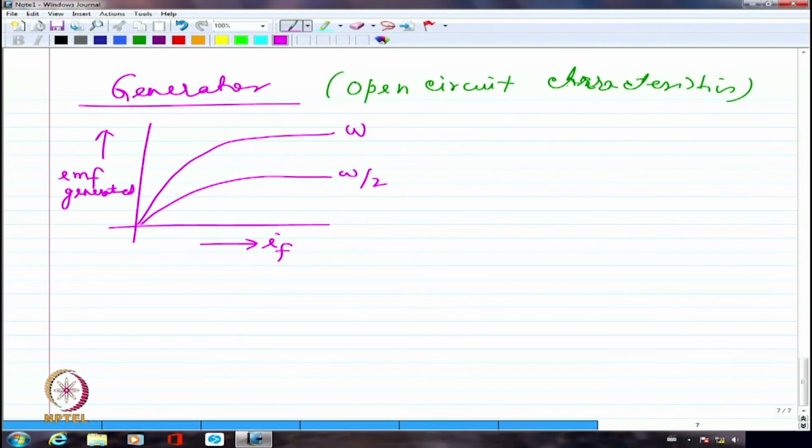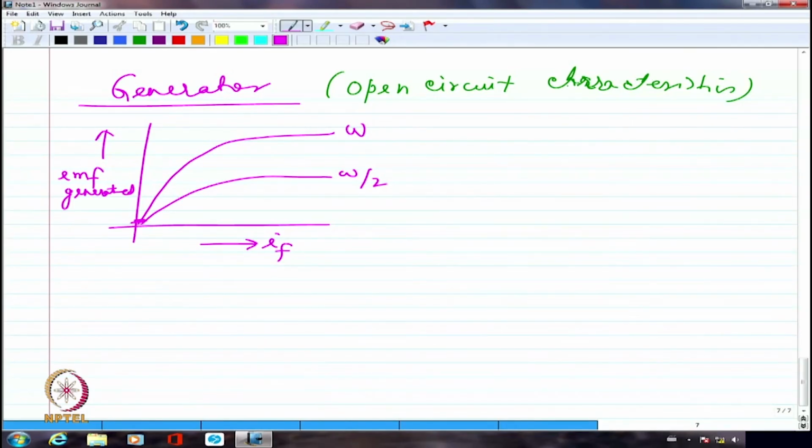Here I am assuming there is no remnant flux. If there is remnant flux, I should show some voltage even with zero field current. Imagine there is no field current at all. If there is some remaining or remnant flux in the machine, it will generate a voltage when I rotate it at a certain speed without any field current.